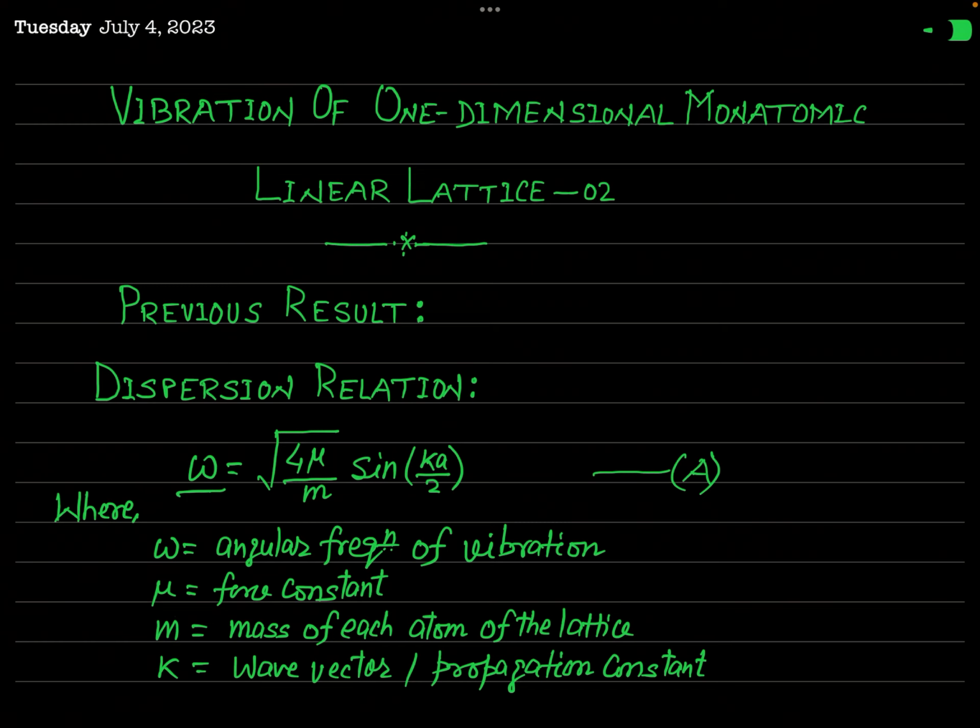What we have learnt, you can see here, we have obtained the result omega is equal to square root of 4 mu over m times sine Ka by 2. I hope, as you have learnt all these things in the first part, you are very acquainted with this result.